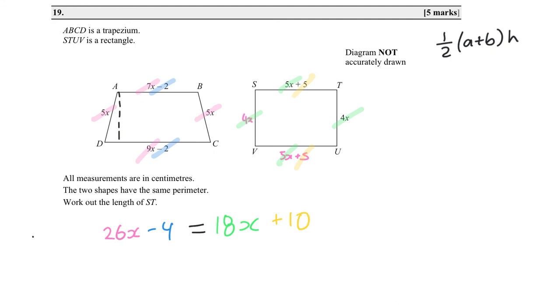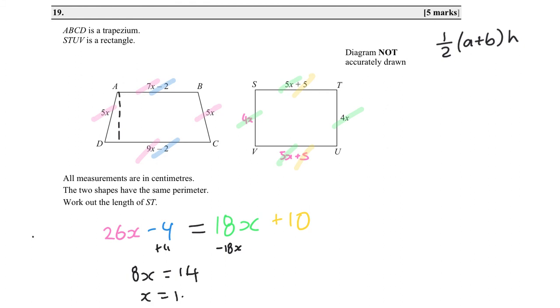So I'm going to add 4 to both sides and take away 18x from both sides. So 26 minus 18 is 8x. 14 equals 8x, and 14 divided by 8 is 7 over 4.